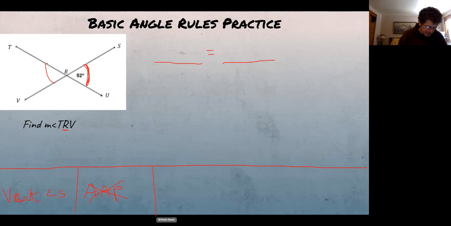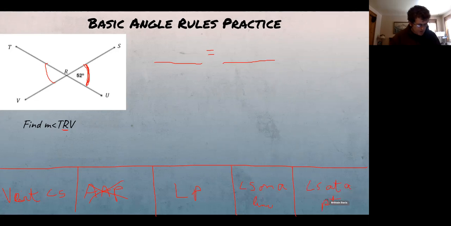And then we've got linear pair, angles on a line, and then angles at a point. So what I want you to do is circle which one of these rules is going to apply for this particular problem.